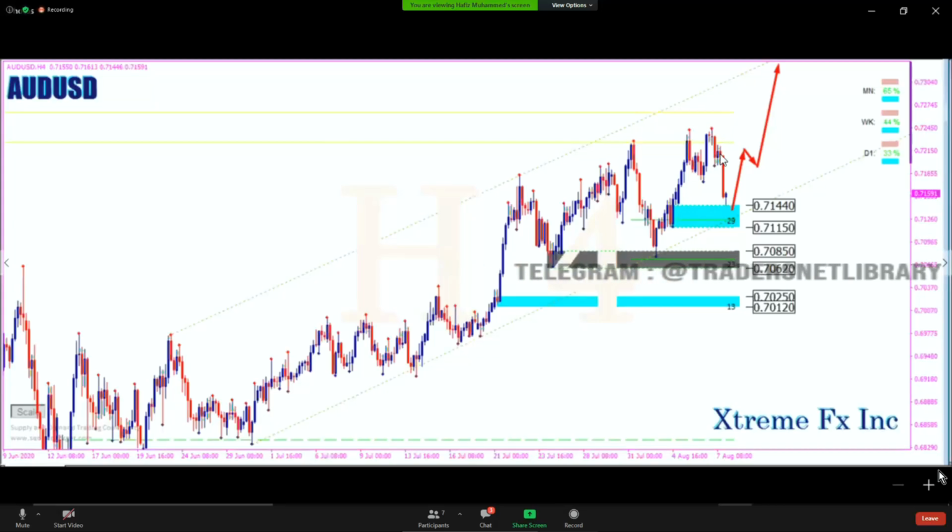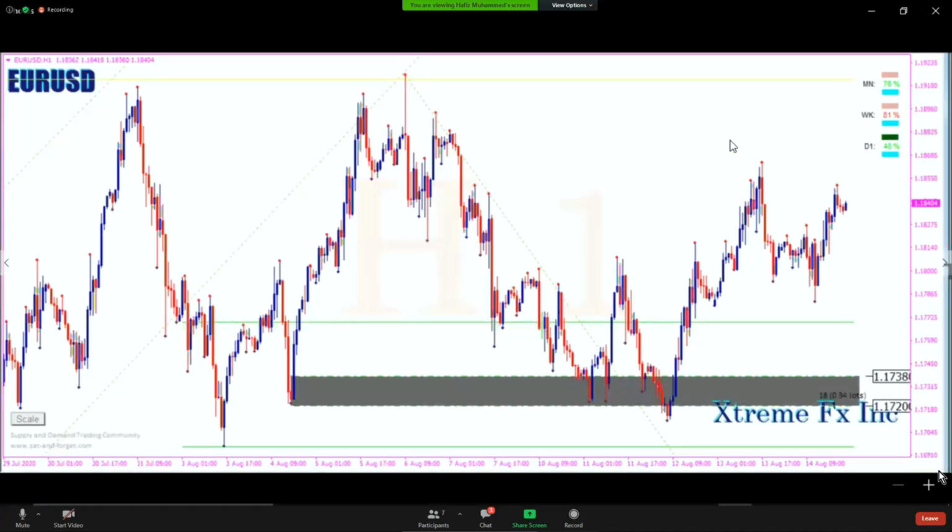So I anticipated that the price had to come and react with this demand zone that is nested within the daily. Are you seeing these green proximal lines here? This is a daily demand zone. So I anticipated that the price had to come and revisit the daily demand so as to mark up again, and that's exactly what the price did.